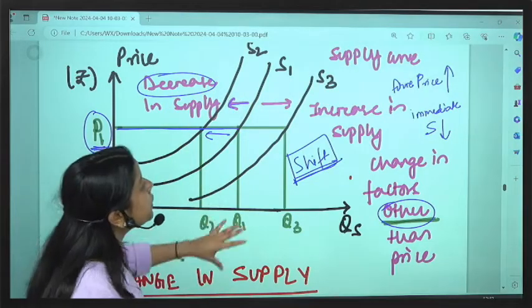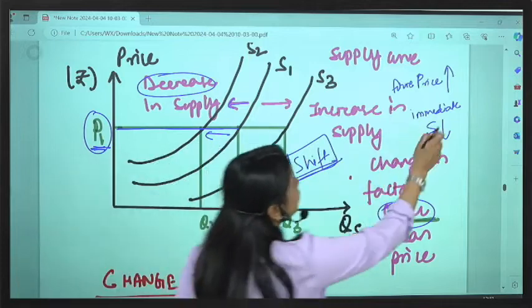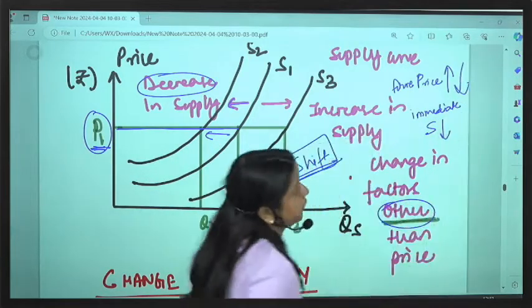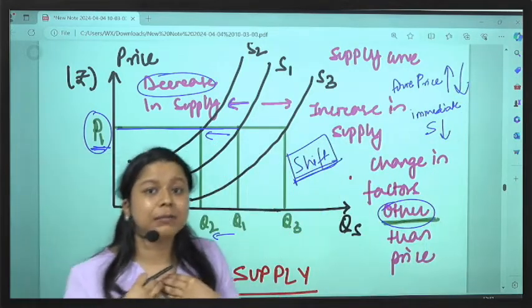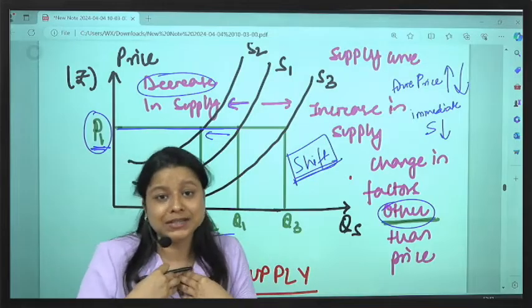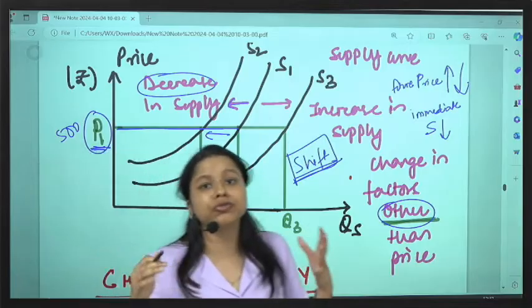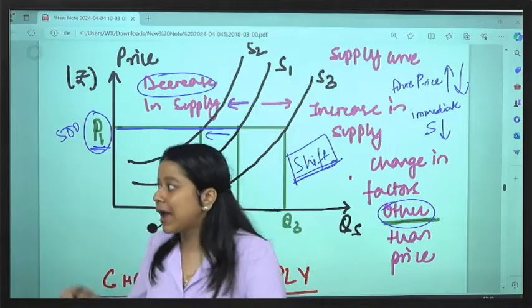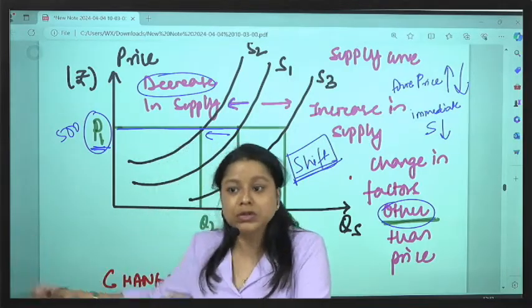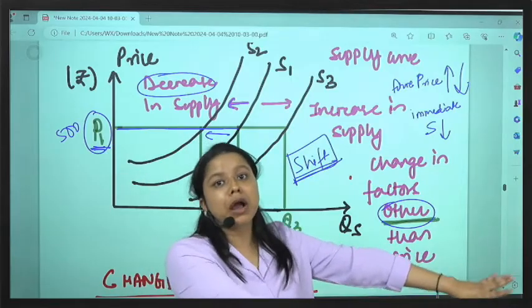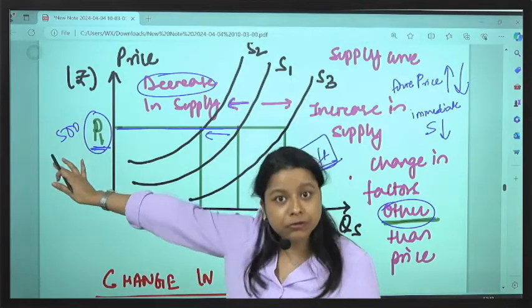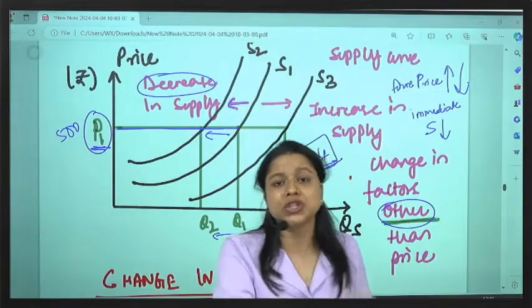Similarly, if the future price will decrease, I am expecting that the mango prices in future, currently let's suppose at 500, will go down to 400. I will think, okay, I have these many kgs of mangoes, let's put everything in the market today at 500 and sell as much as possible today.